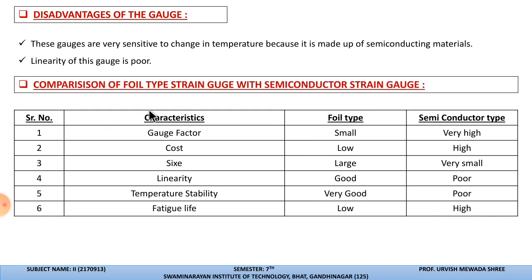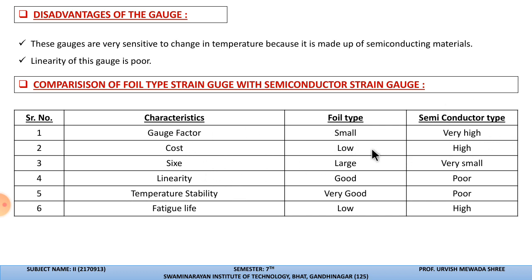Now, as we have gone through the foil type and semiconductor strain gauge, this is the difference between these two according to their characteristics. The first characteristic is gauge factor. For foil type, the gauge factor is small. For semiconductor type, it is very high. So it shows the sensitivity: for the foil type strain gauge the gauge factor is small, so it has small sensitivity compared to the semiconducting type.